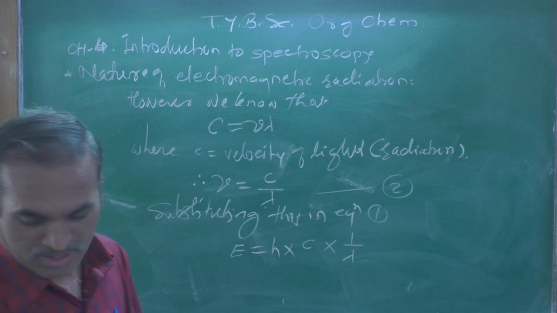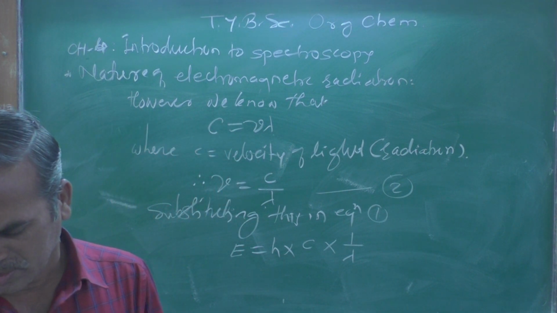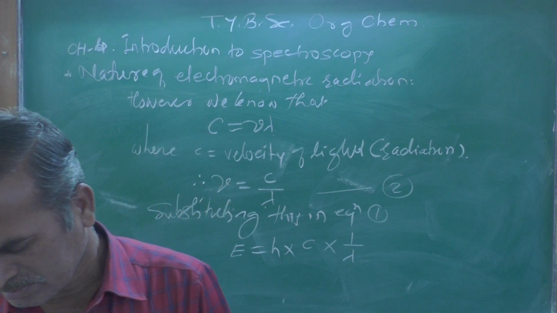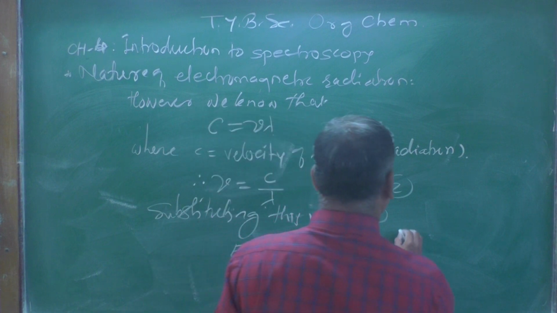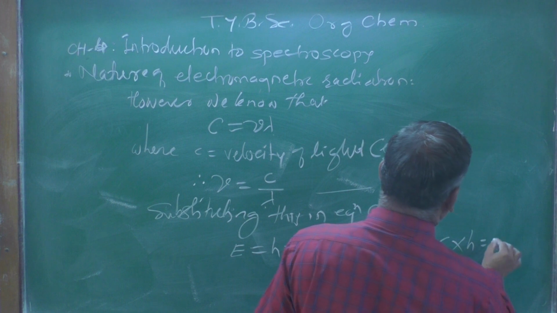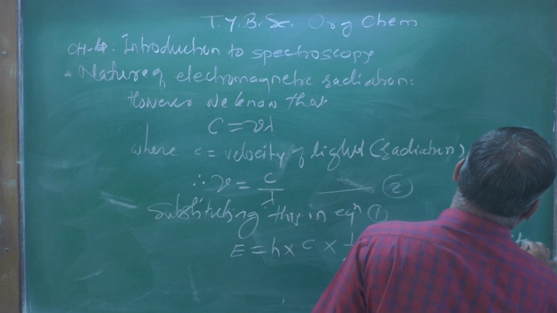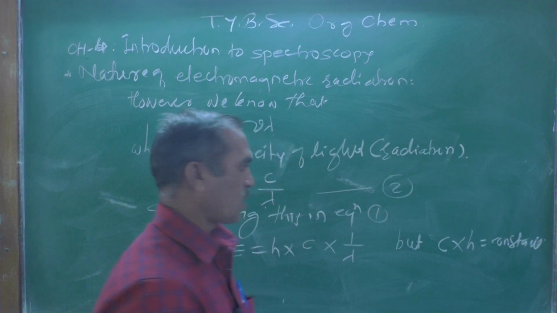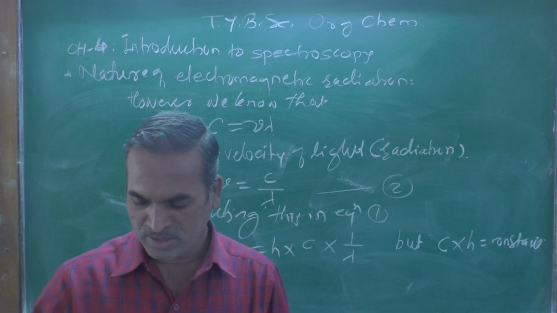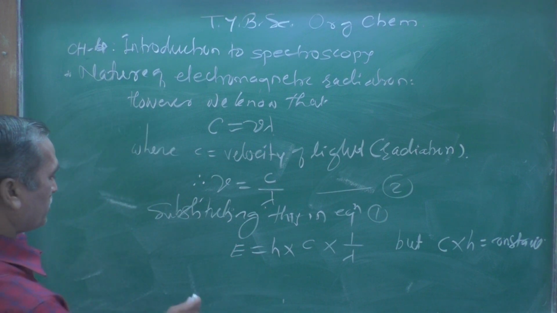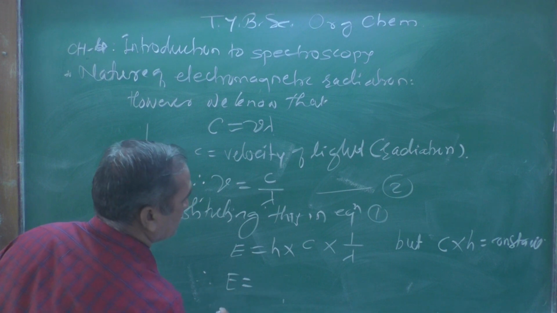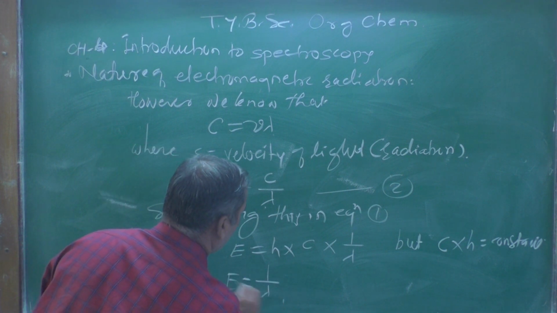Here, C and h are constants. h is the Planck constant, C is the velocity of light, both are constant, and therefore E is proportional to 1 upon lambda.